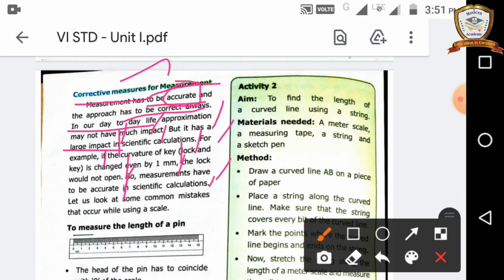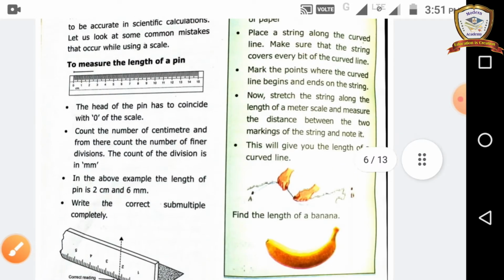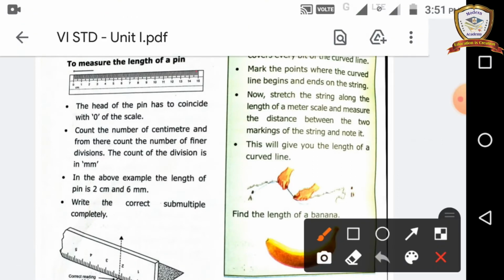Let us look at some common mistakes that occur while using a scale. So next thing, to measure the length of a pin. Here the pin is fixed, one scale is also there. So the head of the pin has to coincide with 0 of the scale.